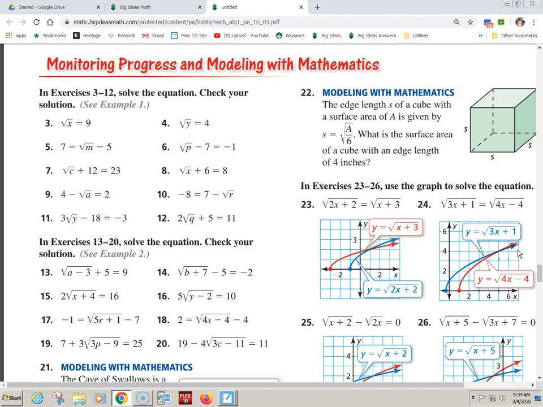In your homework spiral, you can leave a separate paper. Get that radical alone.